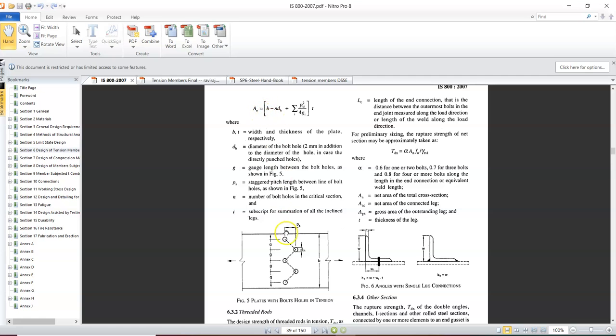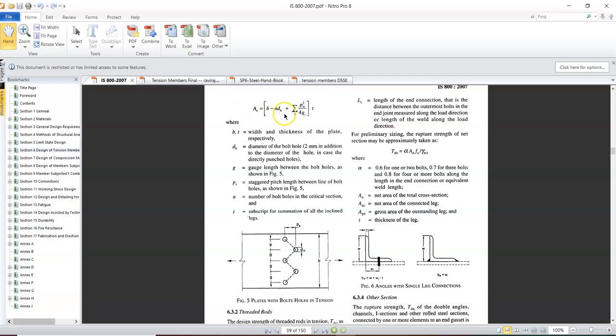Net area for such a staggered bolt line, An is equal to B minus n into Dh plus the summation of pitch distance squared divided by 4 times the gauge distance. You already know what pitch distance and gauge distance are.